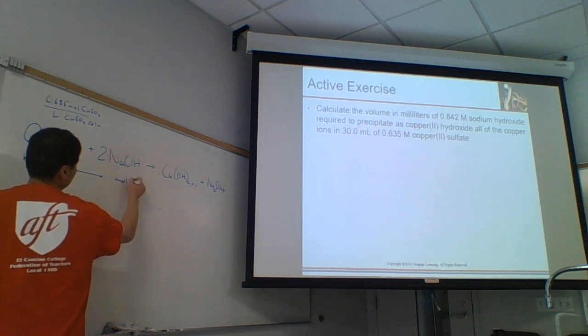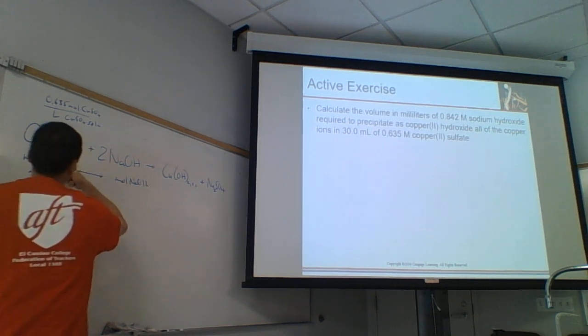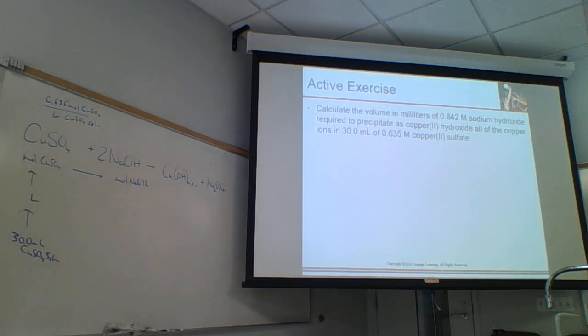We get moles of NaOH. Looking at the mole ratio, it's a 2-to-1 mole ratio. So 2 moles of NaOH per 1 mole of CuSO4. So moles of CuSO4 cancel. The pairs here cancel. It gives us moles of NaOH.